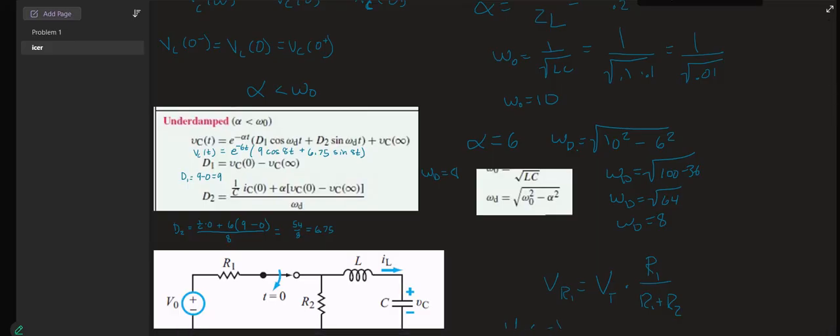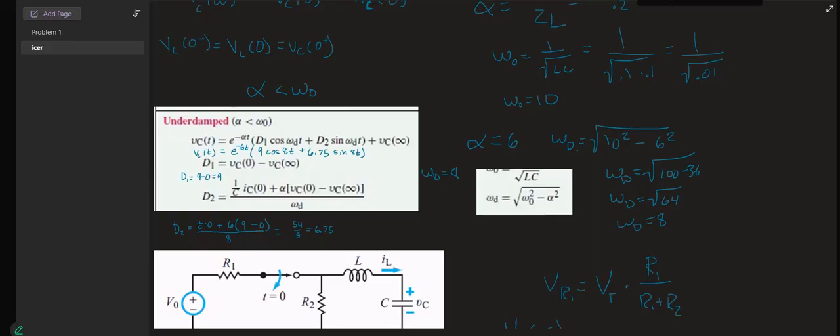I mean right after switch action. I use 0 plus to mean the limit as you're approaching 0 from the right. Oh, so it's like the positive edge versus negative edge. Yes, that makes sense.